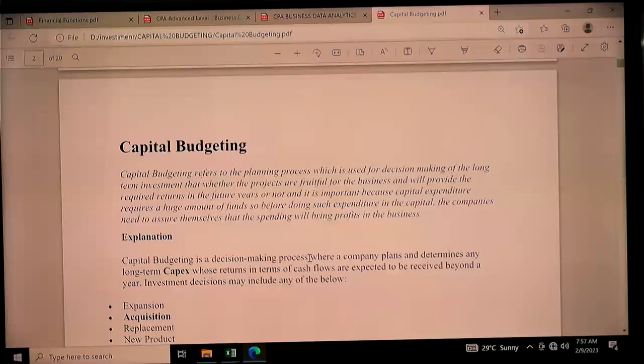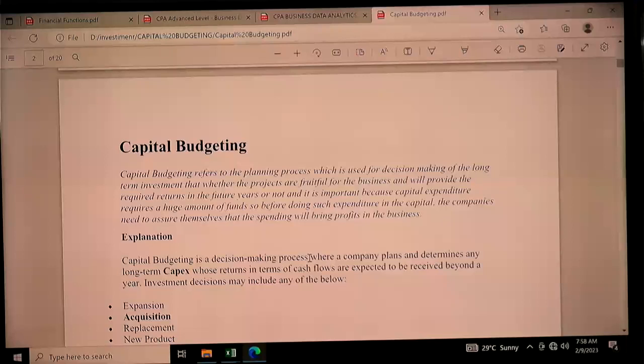Before making such expenditure, the company needs to ensure that the spending will bring profit to the business. That is what capital budgeting is all about. It is a decision-making process where a company plans and determines any long-term capex, whose returns in terms of cash flow are expected to be received beyond a year.